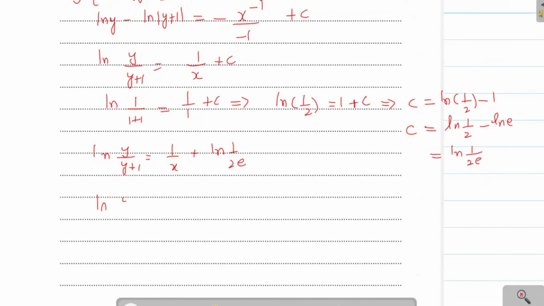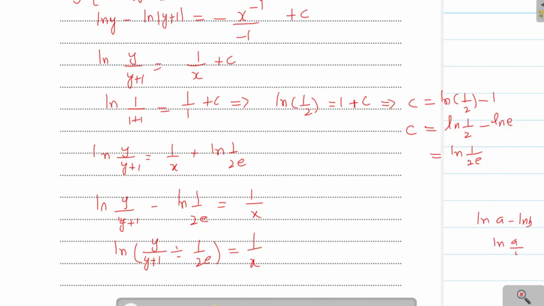ln y over y plus 1 minus ln 1 over 2e equal to 1 over x, and this can be written as ln y over y plus 1 divided by 1 over 2e equal to 1 over x, because ln a minus ln b equal to ln a over b.